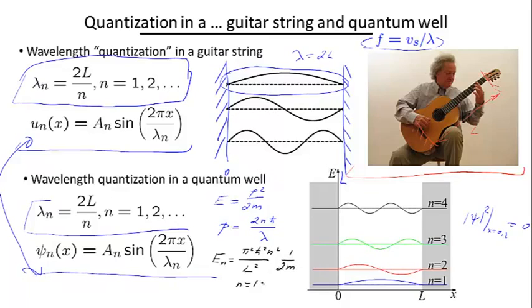Notice that, interestingly, we solved the Schrödinger equation without even writing it down. The only thing we used was basically the boundary conditions and some analogy with classical physics along with the de Broglie relation. But of course, one can solve it formally, and we're going to show later how it works.